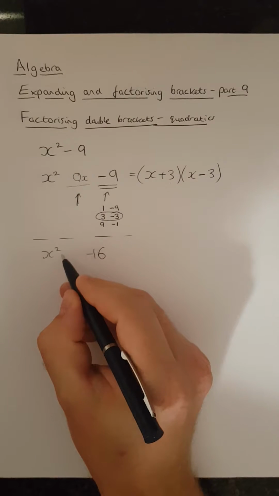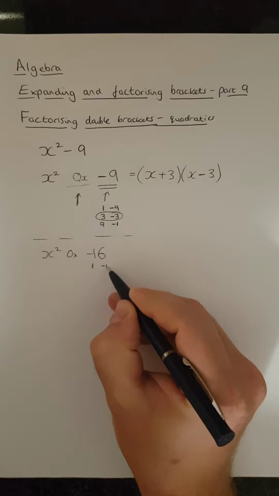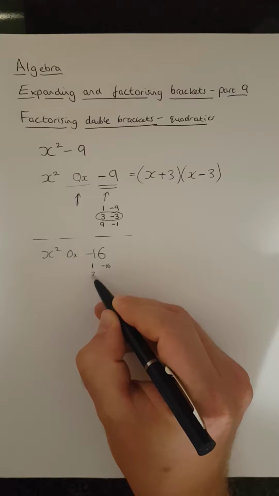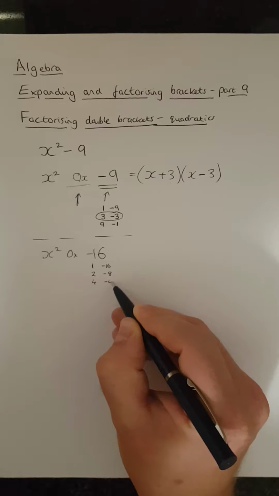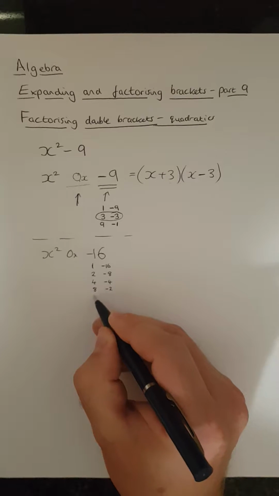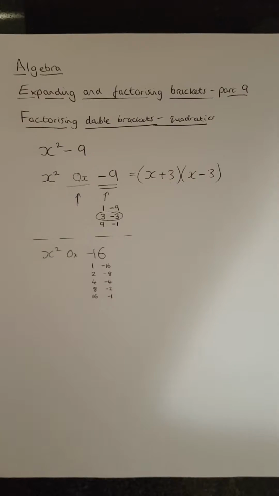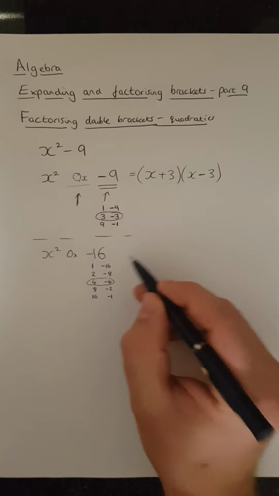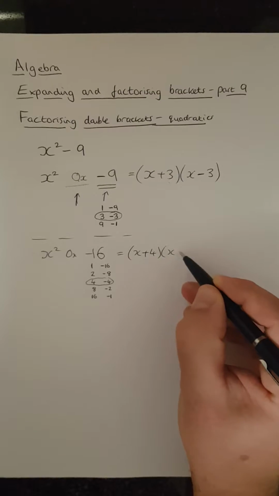Well, remember it's got no x's, so 1 and minus 16, 2 and minus 8, 4 and minus 4, 8 and minus 2, 16 and minus 1. And there's our pair that add to make 0.